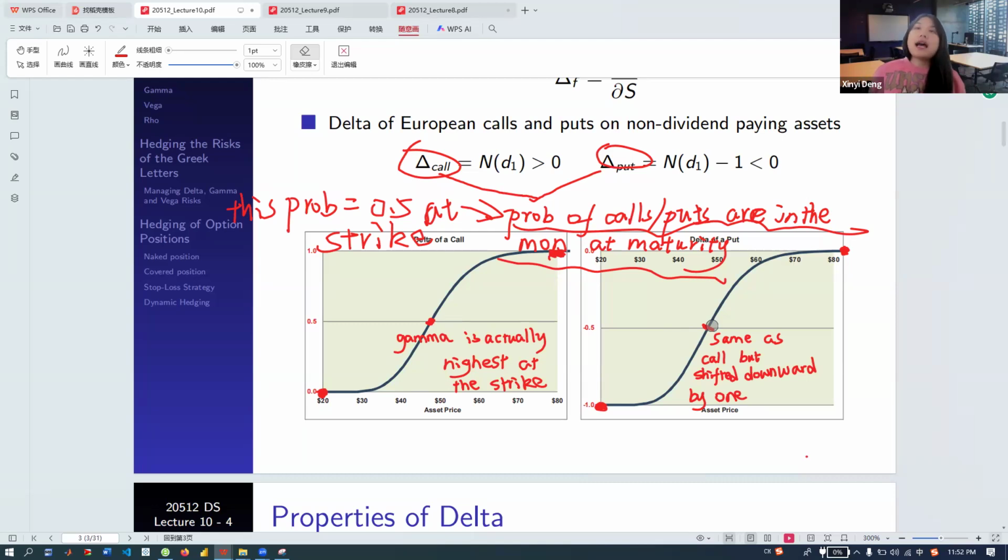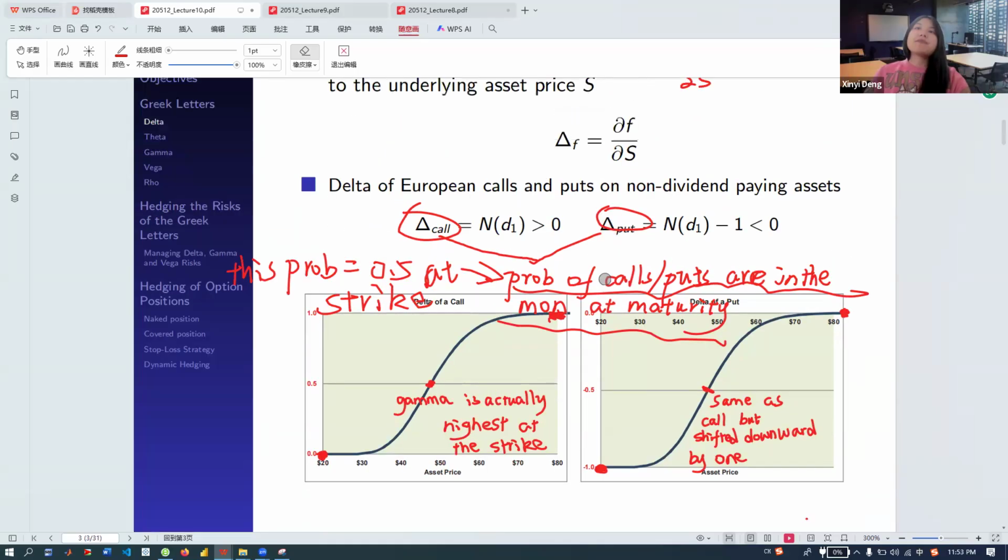So if it's at the strike, then the probability of being in the money or out of the money is just 50-50. So that intuitively explains this 0.5. Of course, for the delta of the put, in order to get a probability, you have to take the absolute value. But anyway, it's going to be 0.5 in terms of the absolute value.